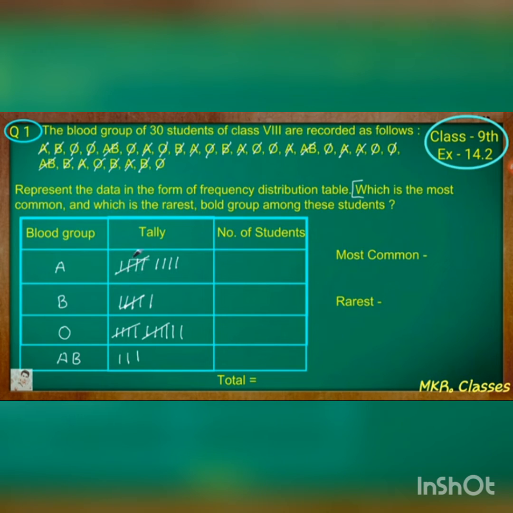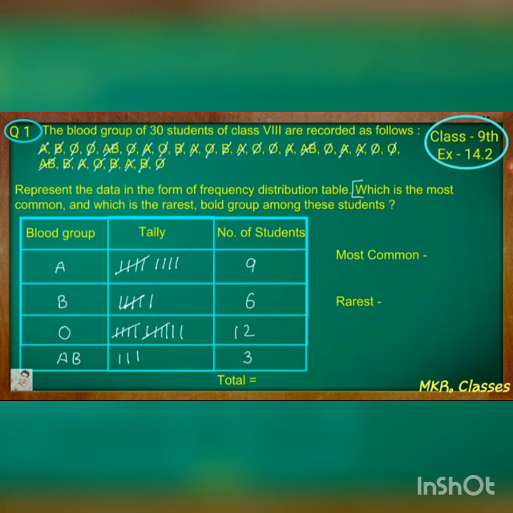Now we will count these tally marks and write that number in the number of students. A we got 9, B we got 6, O we have got 12, and AB we have got 3.